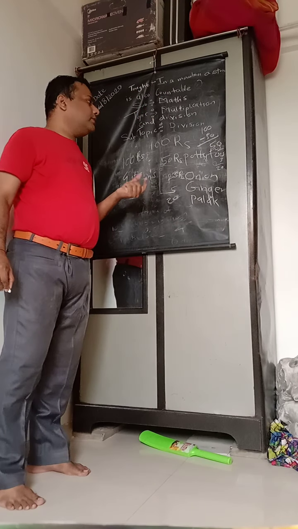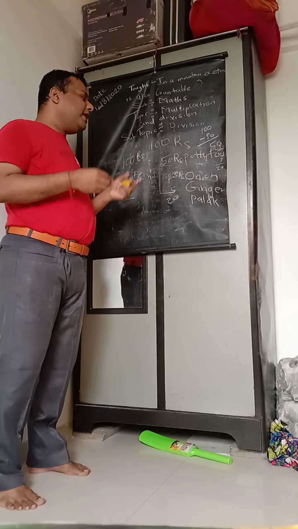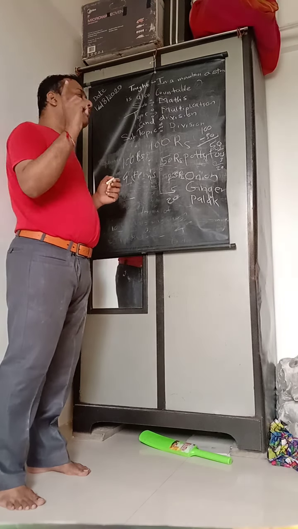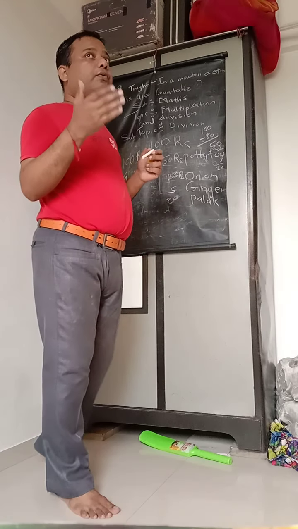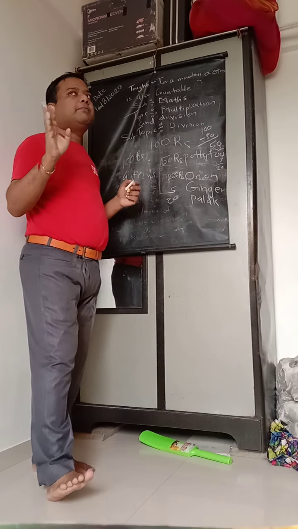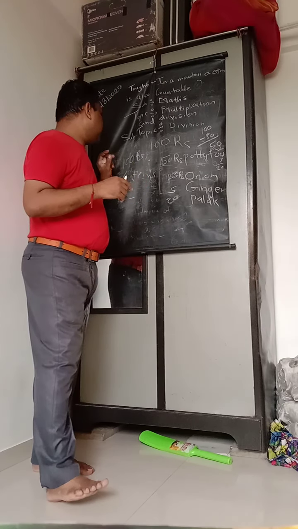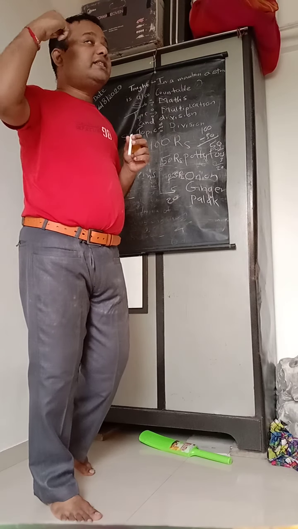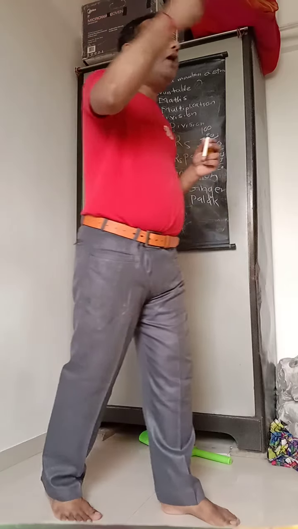Listen, my friend. For potato, onion, ginger, palak, they have different rates. But when you go for the division, the simple thing is 100 rupees and 4 items. So your thinking is different.